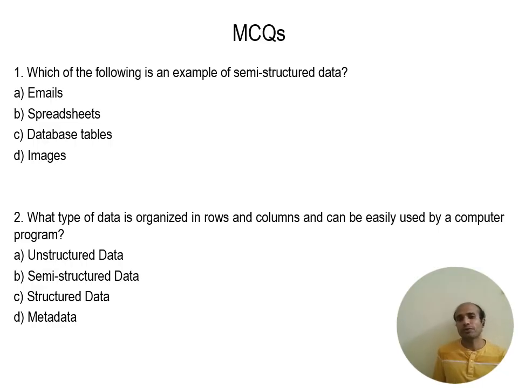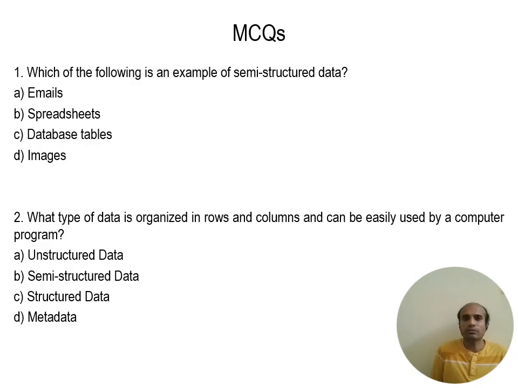So let's get on to the first question. Which of the following is an example of semi-structured data? This is about the structures of big data. We have seen unstructured data, then semi-structured data and structured data.